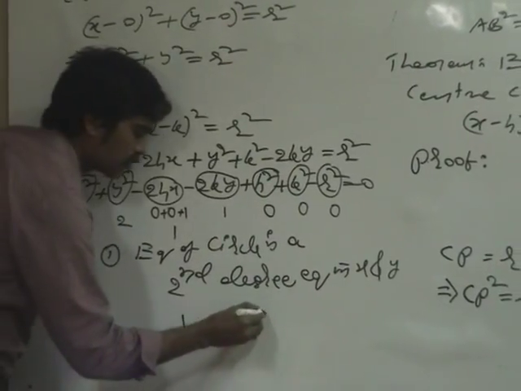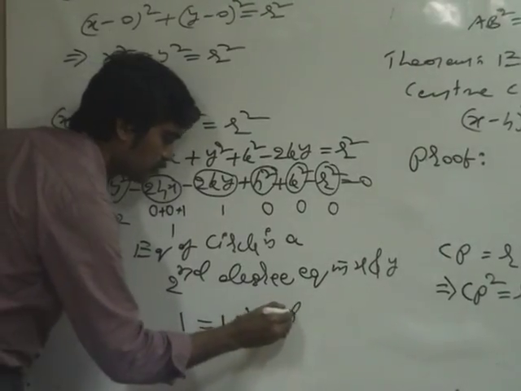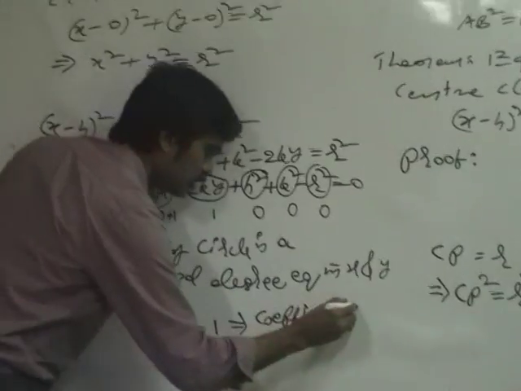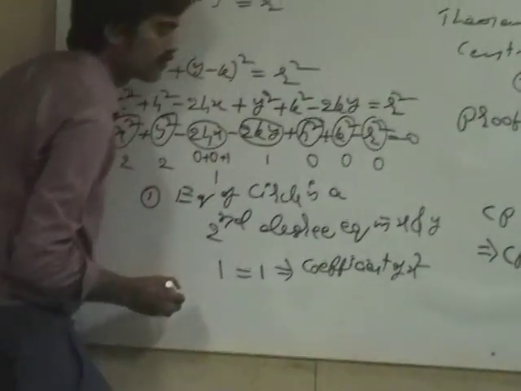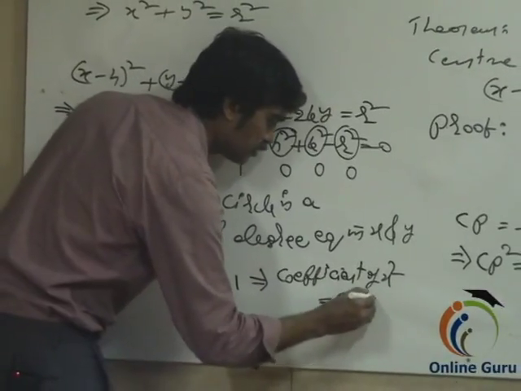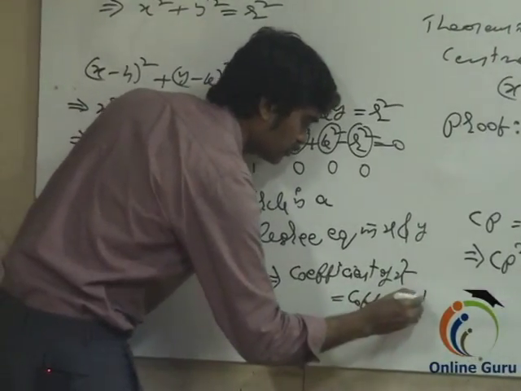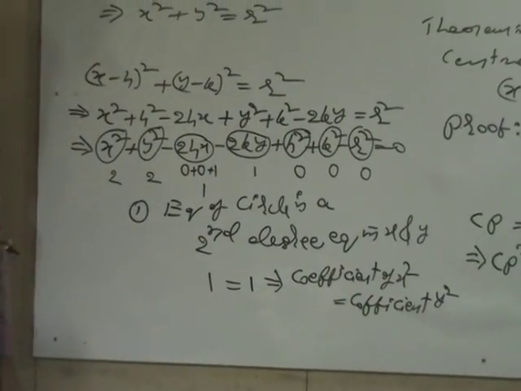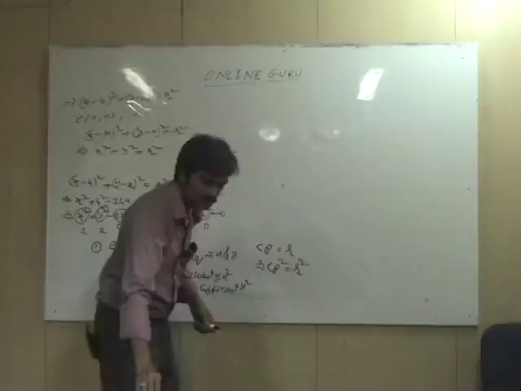Means coefficient of x square equal to coefficient of y square. This is the second property.